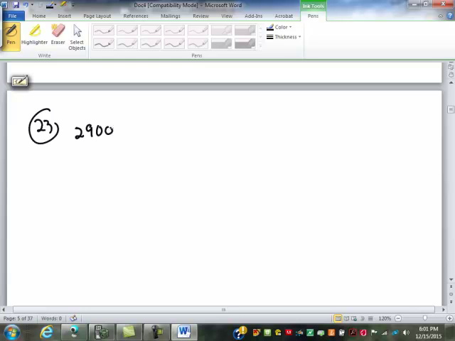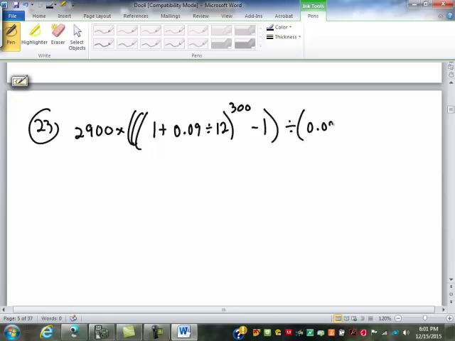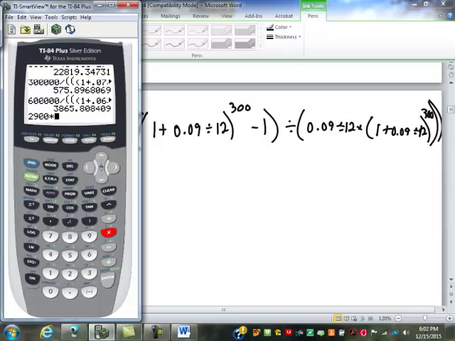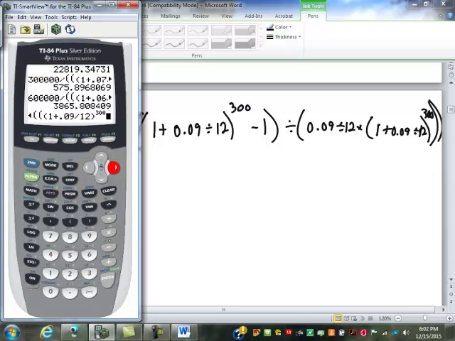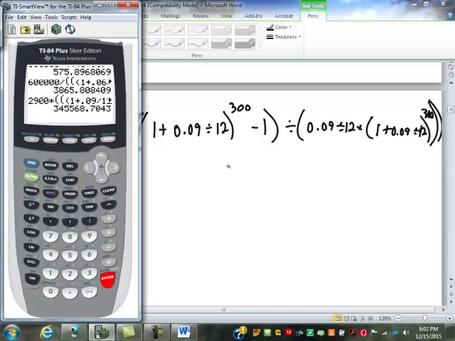So $2,900 times 1, 2, 3, 1 plus 0.09 divided by 12, 25 years is the power of 300, minus 1, close, divided by open, 0.09 divided by 12 times 1 plus 0.09 divided by 12, the power of 300, close and close. $345,568.70.